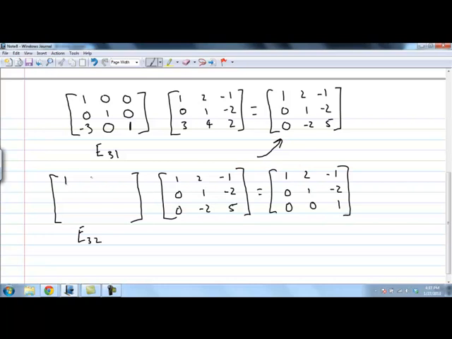Again, our first row didn't change, so we take the first row from our identity matrix. Our second row didn't change, so we take the second row from our identity matrix. Our third row did change. The third row changed with the following formula. Row 3 went to row 3 plus 2 row 2.